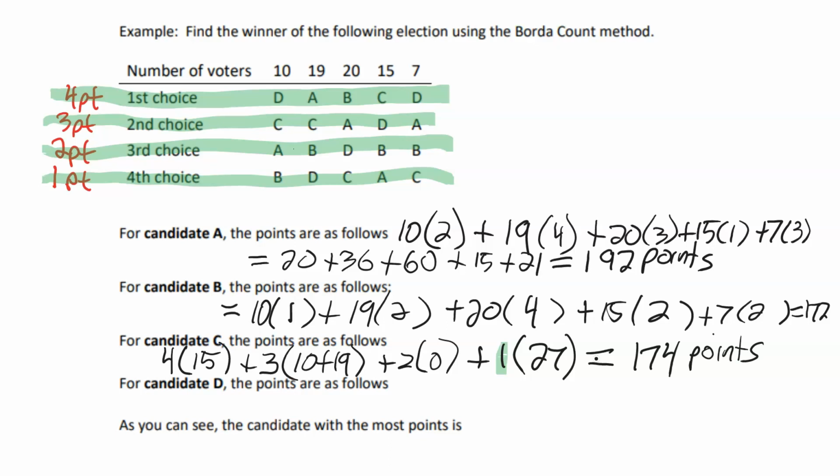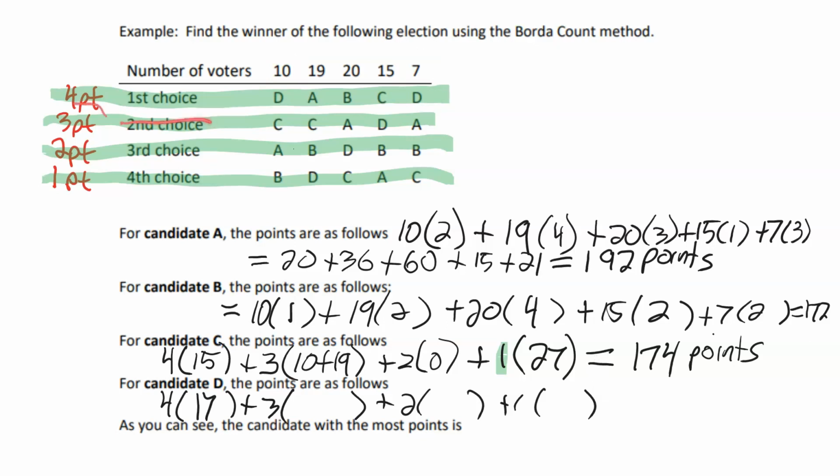Okay, so for candidate D, if you're doing the rows, and this one makes the most sense, first you account for how many votes were worth 4 points each, then 3 points, then 2 points, then 1 point. So again, you can set up the structure before you do any analysis. For D, first choice votes, we have 10 and 7, 17.